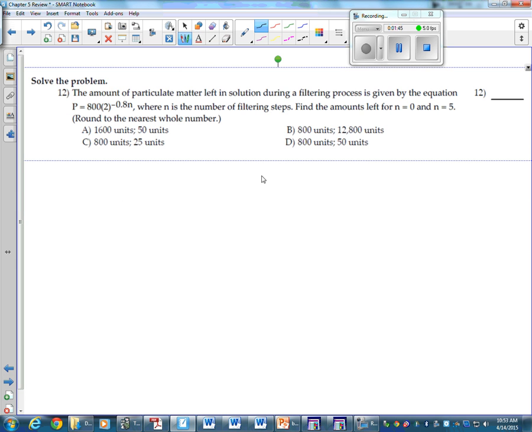Number 12, here we have an exponential function, and they just want me to plug in 0 for n and 5 for n. Probably the easiest way to do this is to put it in your y equals and then use your table.